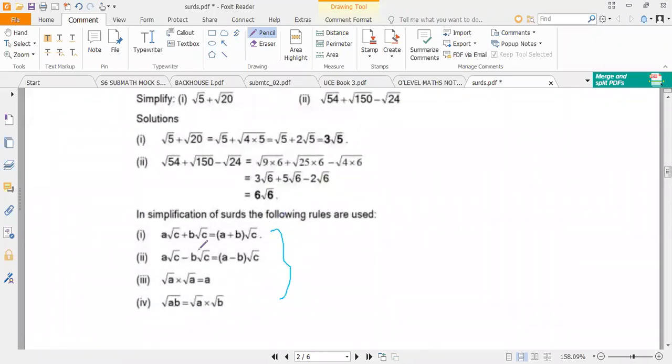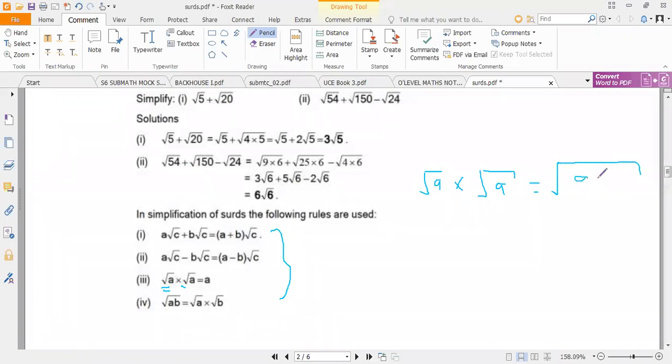When you're multiplying surds, let's say root A multiplied by root A, what happens is that the numbers which are under the square root multiply together.